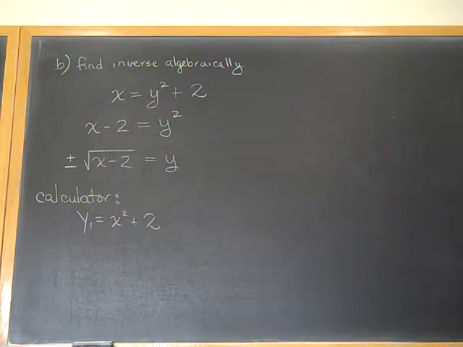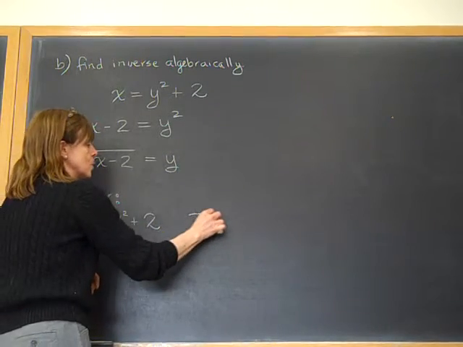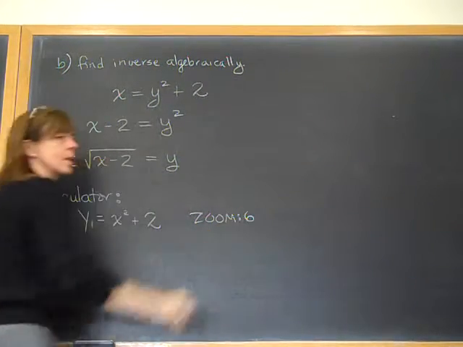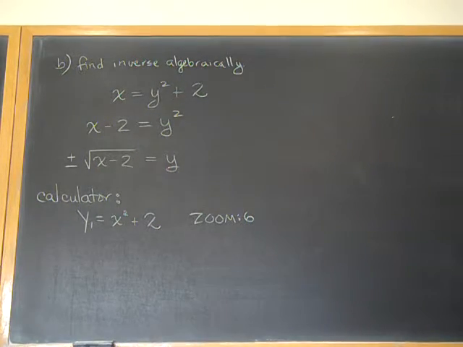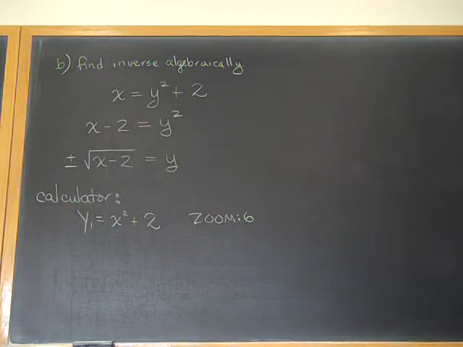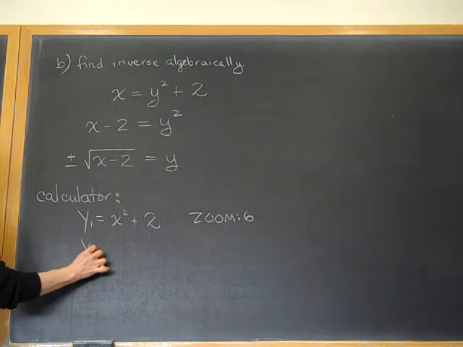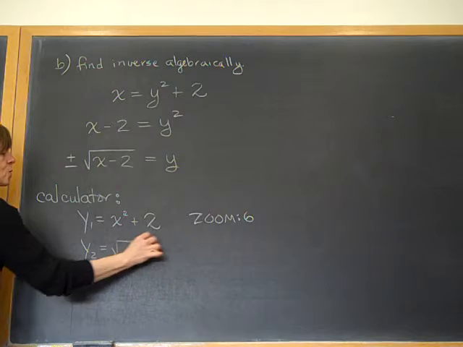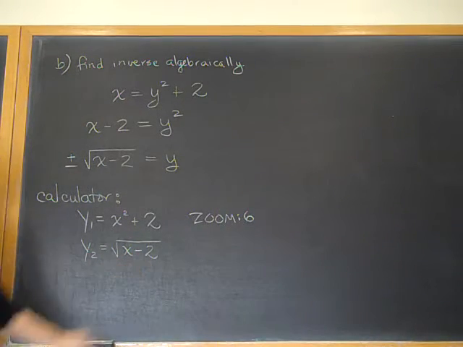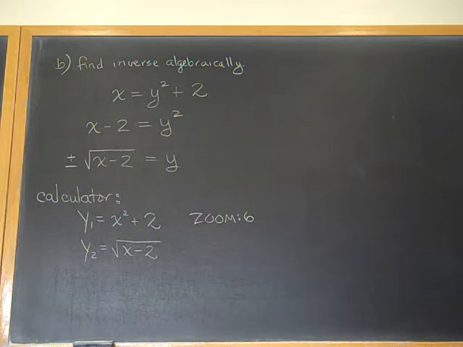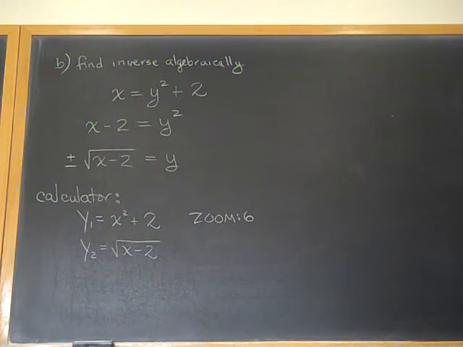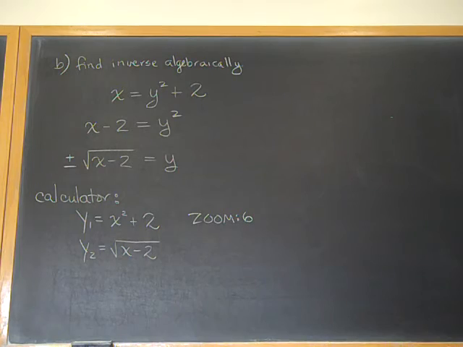We're going to do a zoom 6 for the window. So do you have a graph that resembles our white one? Yes? Okay, now in y2, graph the square root of x minus 2. Are we okay entering that on our calculators? Second x squared gives you the radical sign.